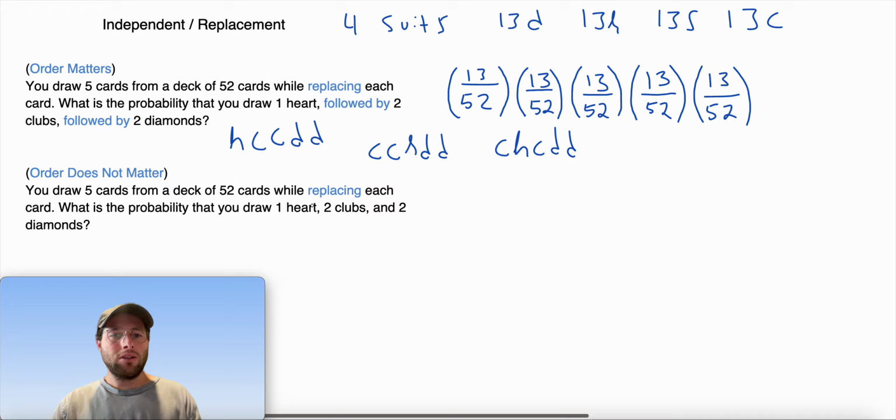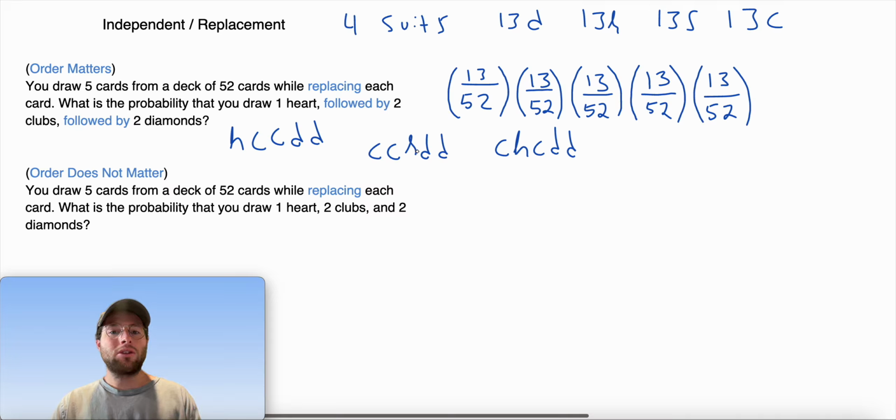Although they are different arrangements, they still contain the same cards. Each of these arrangements has one heart, two clubs, and two diamonds. And so the probability of getting any of these arrangements is going to be the same.